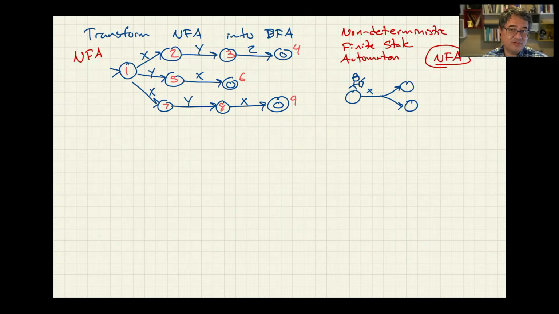The person on the surface doesn't know what the person who's actually in the caves can see. And the person in the caves is only relaying information back to the person on the surface. So let's attempt to turn this NFA into a DFA by exploring the caves.